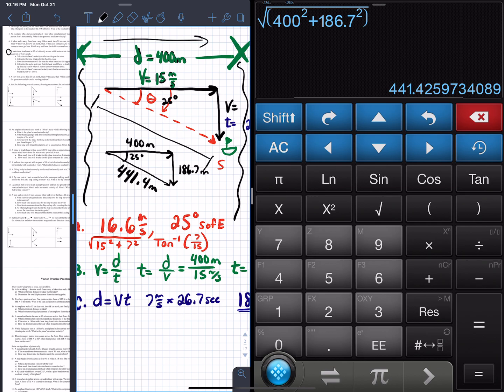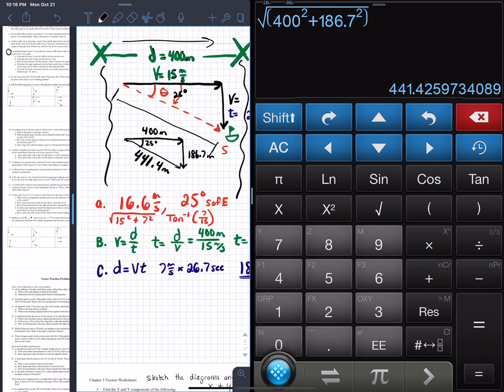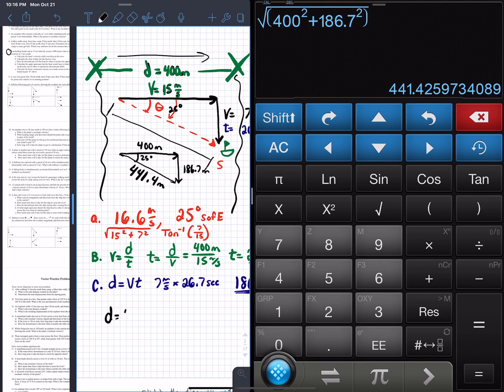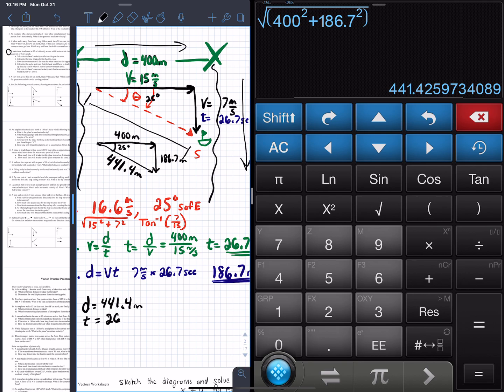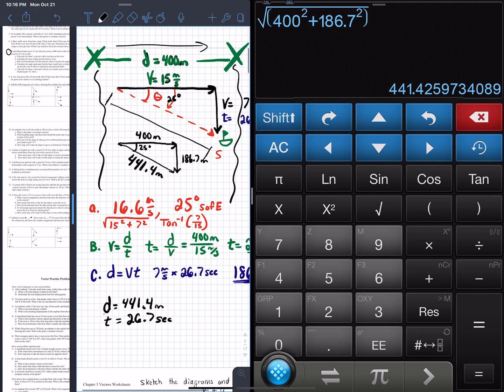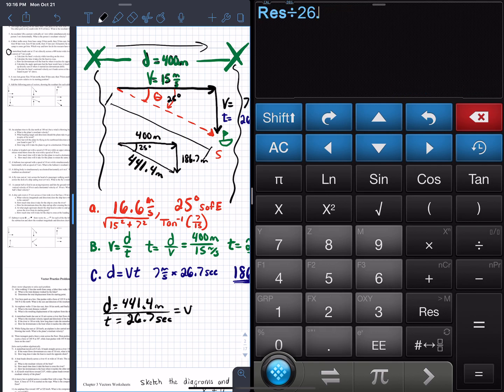If our distance is 441.4 meters, and I know the time was 26.7 seconds, well, if I wanted to figure out the velocity of the resultant vector this way, what's it going to end up being? So I divide by the 26.7. What do you end up with? You end up with what the resultant velocity is right here.